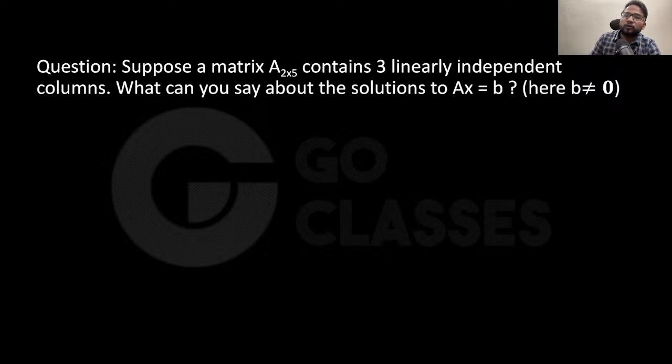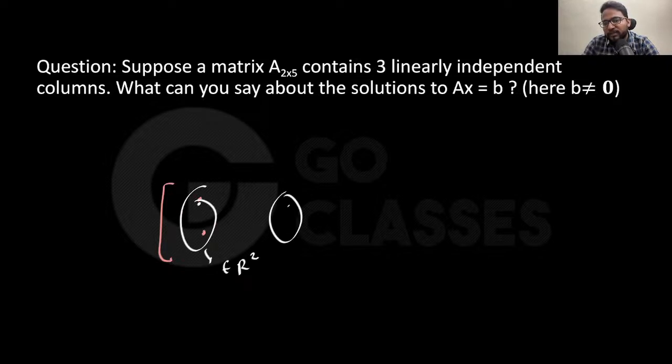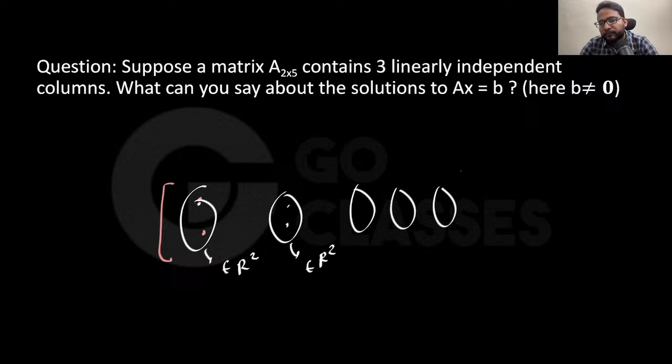See, they are saying 2 rows and 5 columns. In 2 rows and 5 columns, can you have 3 linearly independent vectors? They are saying 2 rows, which means everything is in R2. This is in R2, everything is in R2, right? And 5 columns, which is 1, 2, 3, 4, 5. 5 columns.